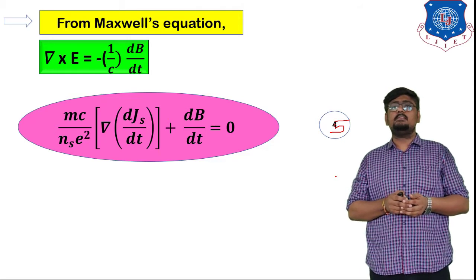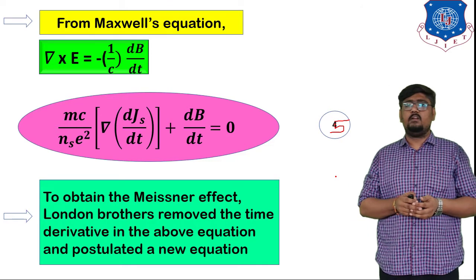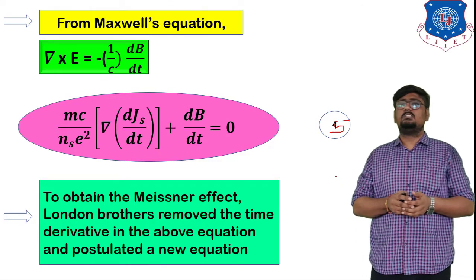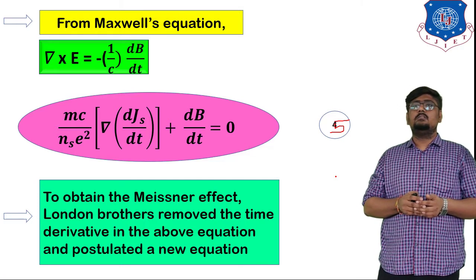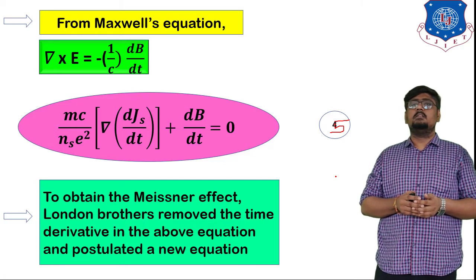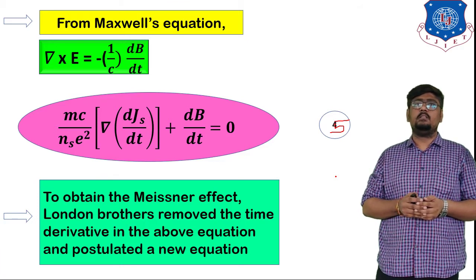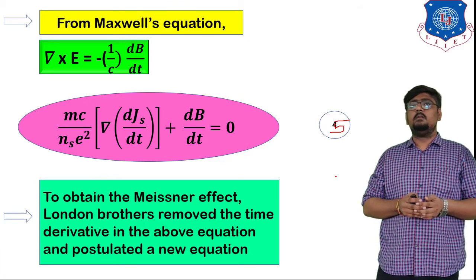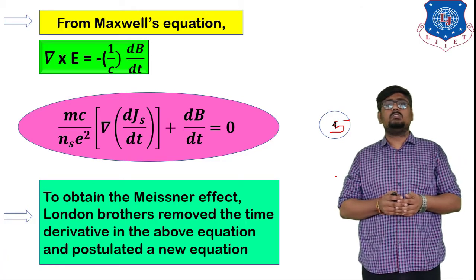Now to obtain the Meissner effect, we know that B equals 0. The magnetic field inside the superconductor must be equal to 0 in order to obtain the Meissner effect. So in the bulk of superconductors, the magnetic field B equals 0 is the necessary condition to obtain the Meissner effect. The London brothers removed the time derivative in equation 5 and postulated a new equation.